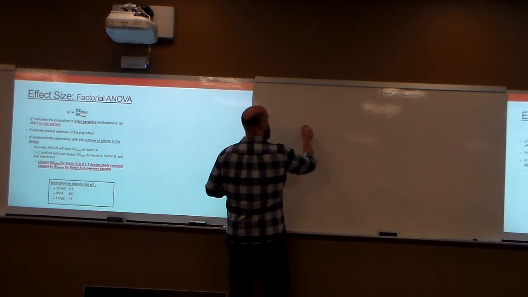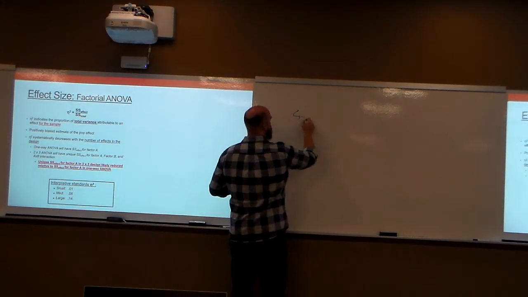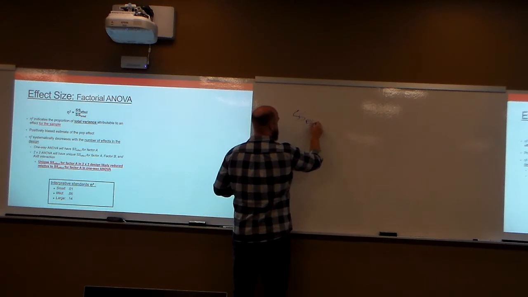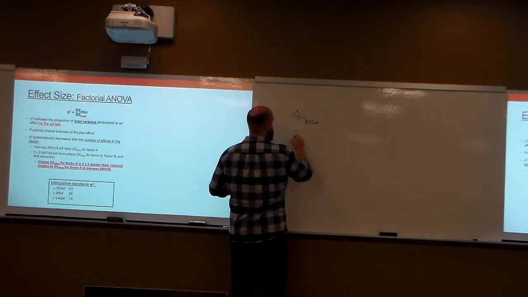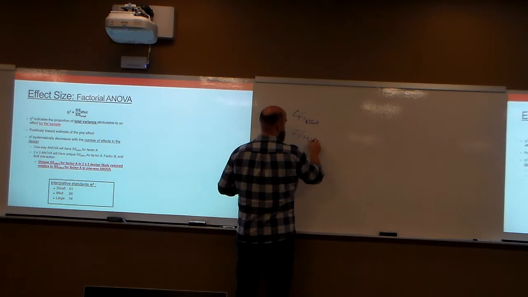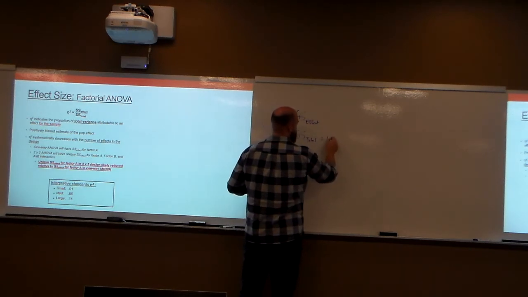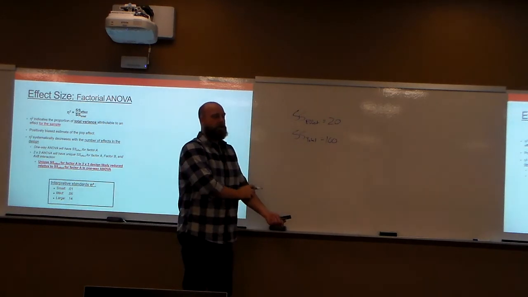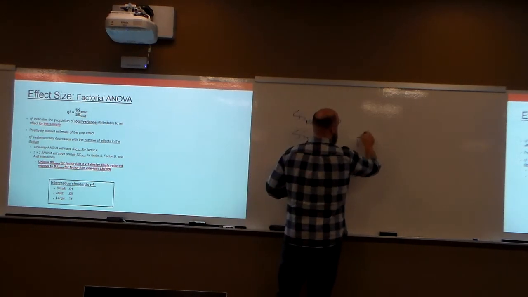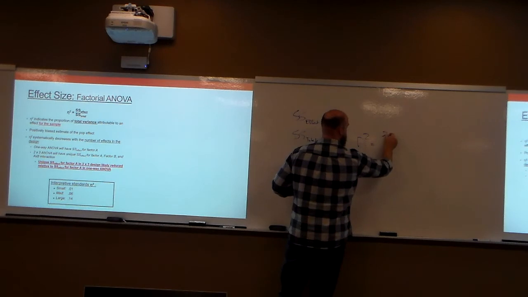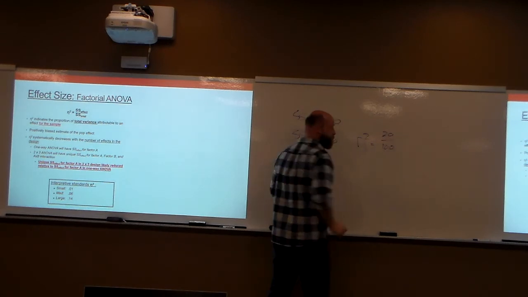And so what happens is, let's say that my sum of squares effect and sum of squares total is 100, right? And let's say it's 20 in my one-way ANOVA, right? So here, eta squared is going to be 20 over 100, right?